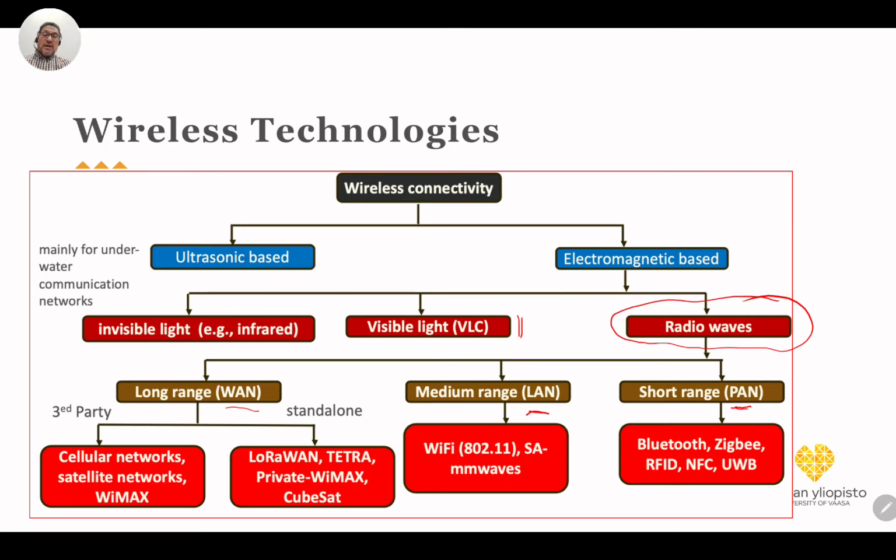We have this Wi-Fi, and it can be also the standalone millimeter waves. Millimeter waves will be part of the 5G, and maybe it is not that distributed that much right now, but it is coming.